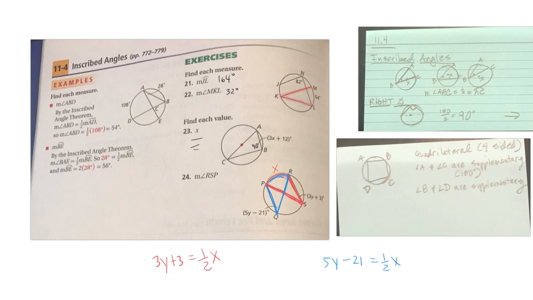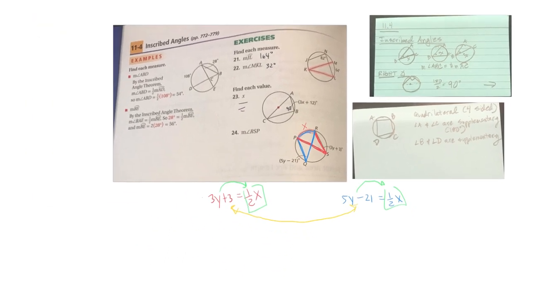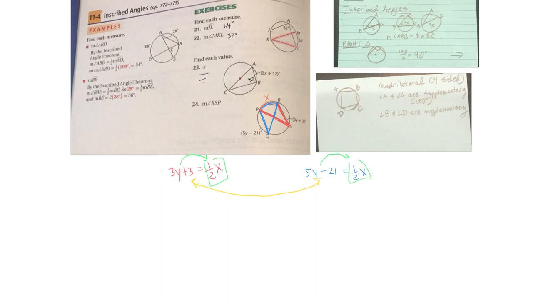So the reality is that this is equal to the same thing. By the transitive property, I believe, these would have to be equal to each other. Doesn't that make perfect sense? So we can set up an equation that says 3y plus 3 is equal to 5y minus 21.